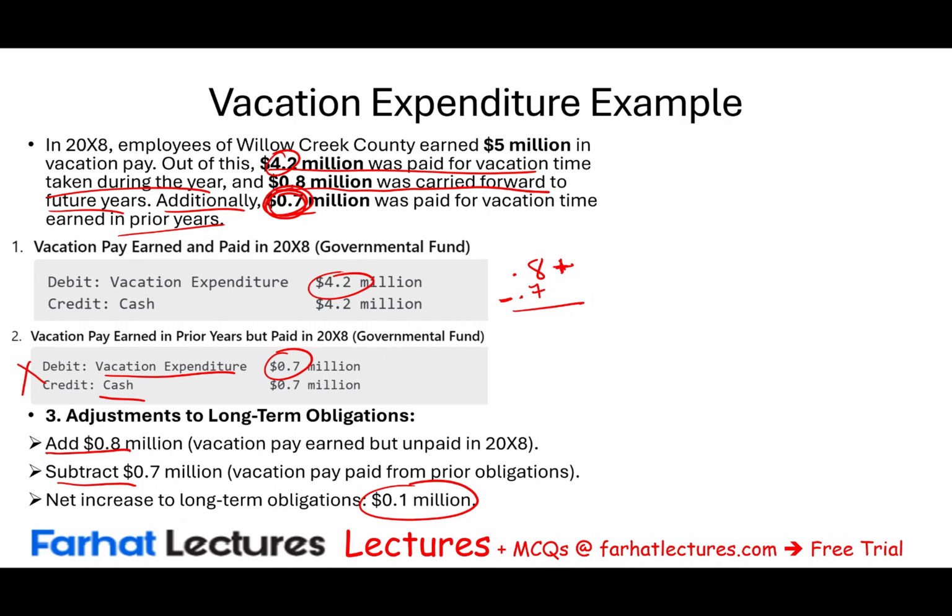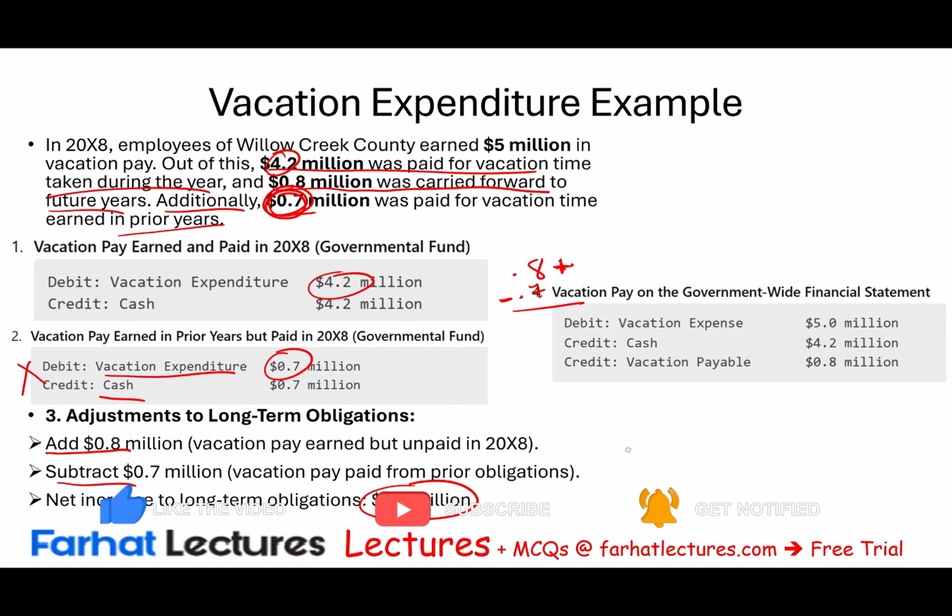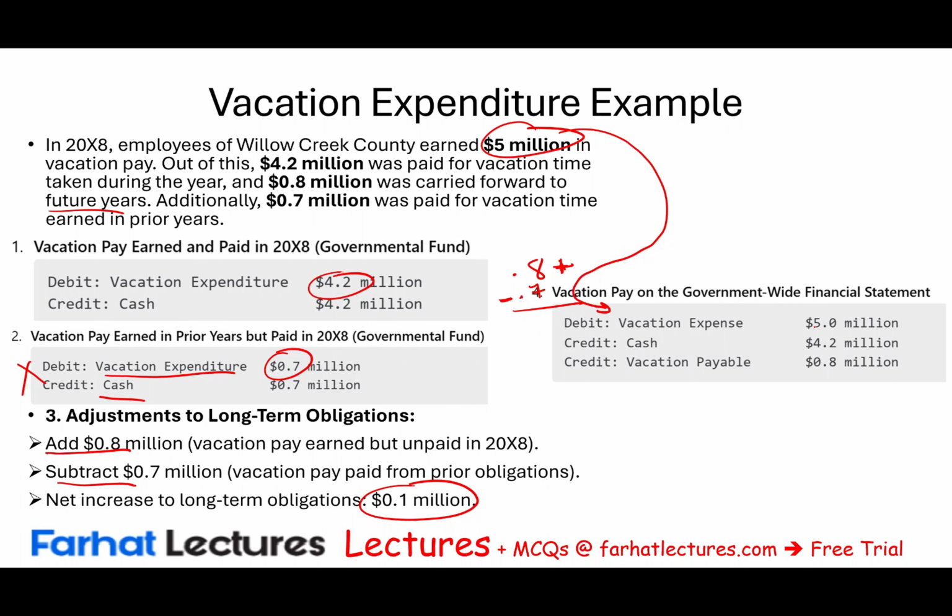Now, how would we have recorded this on the government-wide financial statements, on the accrual basis? We will debit vacation expense for the full 5 million. So for accrual purposes, the full vacation expense is 5 million, cash 4.2 million, and vacation payable 0.8.